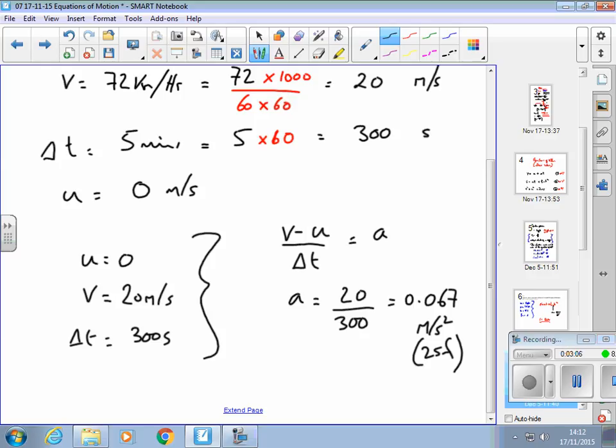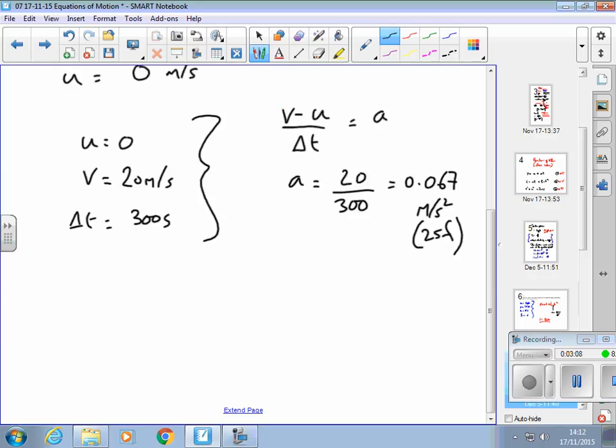And then we can use that to find the displacement. Which formula are you going to use for displacement? We could use that. s equals ut plus a half at squared.